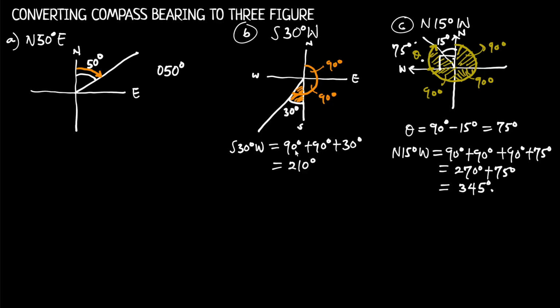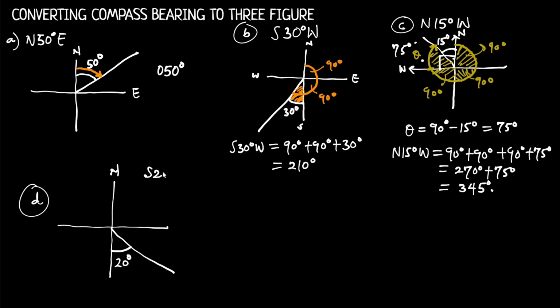Now, with all the instances that I have given, you should be able to tell us what would be the bearing of this. If you have it here, and you have your angle right here, let's call this 20. So this is south 20 degrees east. You can tell what that would be. You pick your reading from the north.